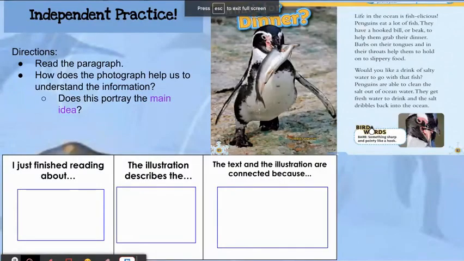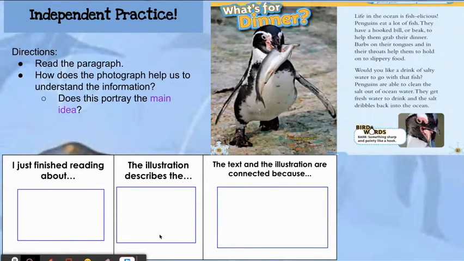Boys and girls, for your independent practice, you're going to do the same. So you're going to read the paragraph that you see here to your right. And then you're going to look at the photograph here, right? And how does this photograph help us understand the information? Does this portray the main idea that the author is trying to tell you? So you're going to tell me, I just finished reading about, what did you finish reading about?